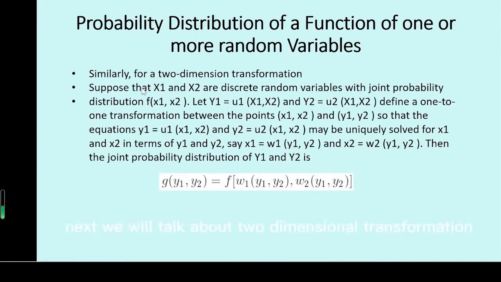And next we will talk about two-dimensional transformation. Suppose X1 and X2 are discrete random variables with a joint probability distribution f(x1, x2).